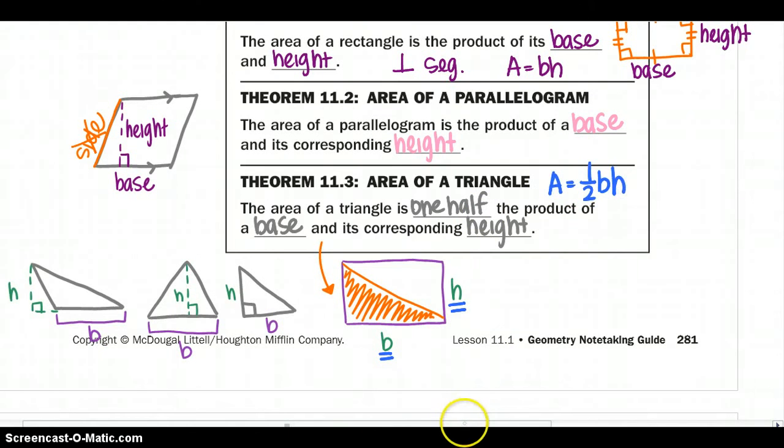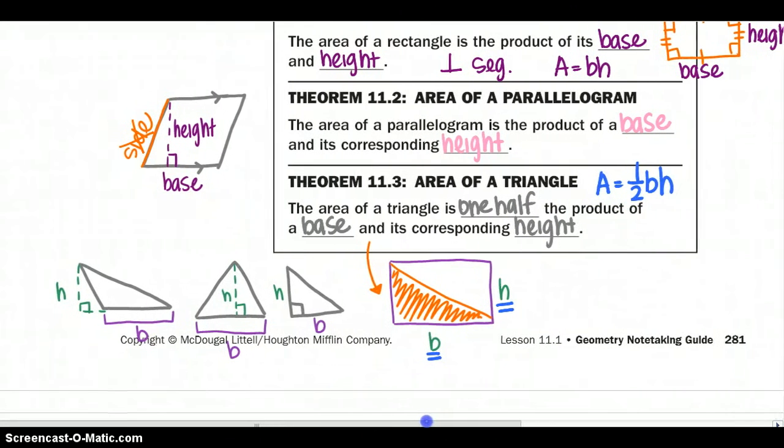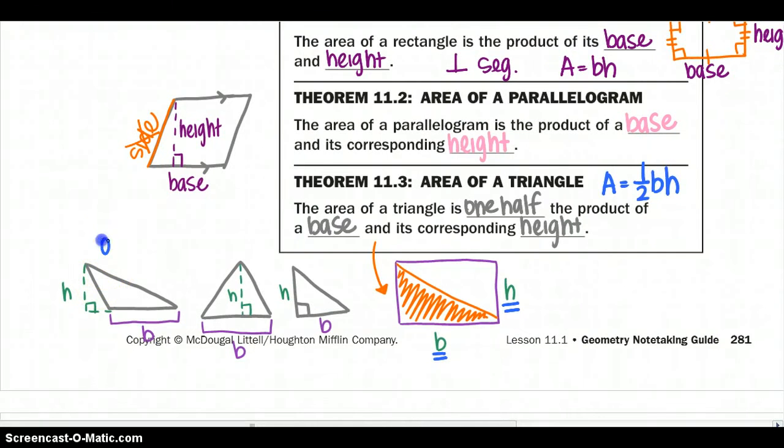So you might want to write this down. If it is an obtuse triangle, a lot of times your height will be on the outside of the triangle, so we can use that times our base that makes that perpendicular segment.